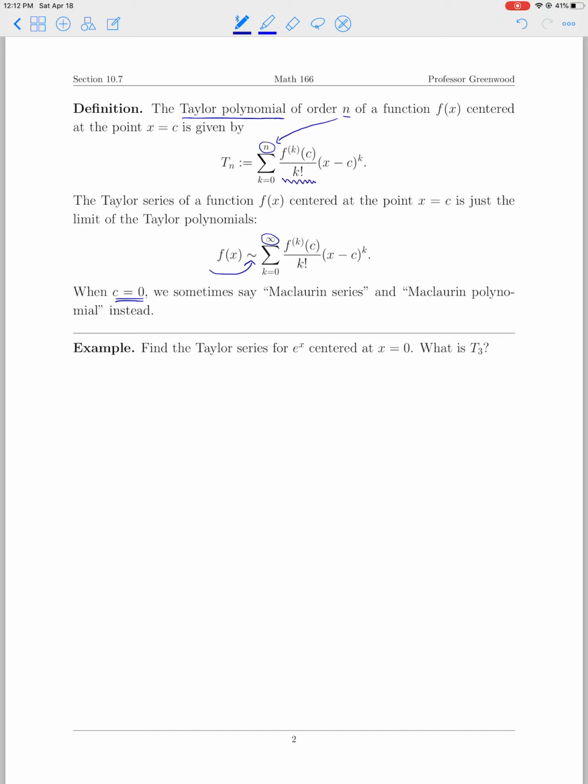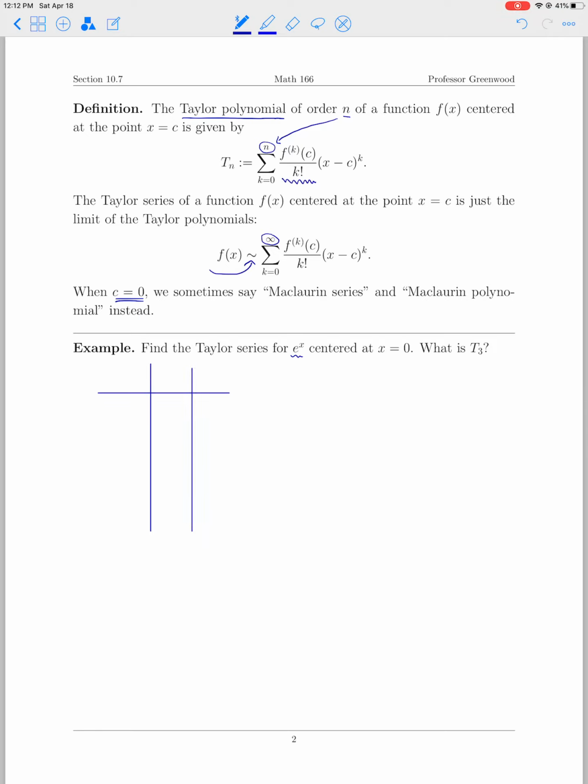Okay, let's look at finding the Taylor series for e to the x centered at x equals 0. And then we'll try and use that information to find the Taylor polynomial of order 3 for e to the x. And so in order to do this, I'm going to need to find the pattern for what happens for the derivatives of e to the x. And so I'm going to do this by writing out a table.